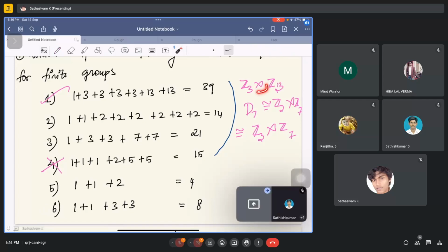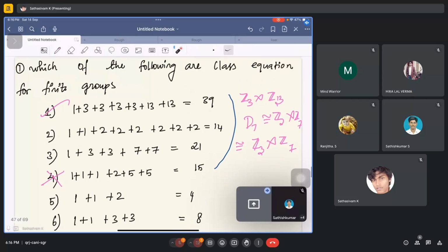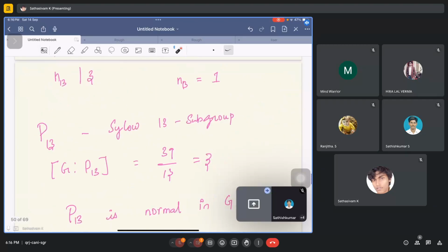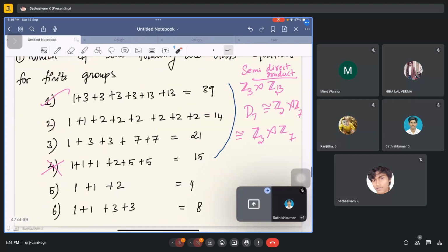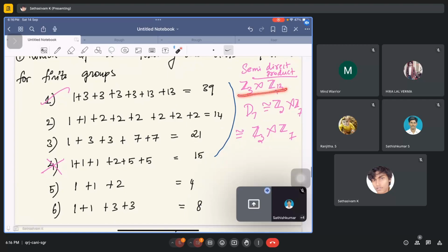But the semi-direct product we haven't done in the class. So if you are interested, you can look at the semi-direct product. Just for the interested person, I want to put the statement here. Direct product we have done in the class, but there is another notion called the semi-direct product, and all these groups can be written as a semi-direct product.